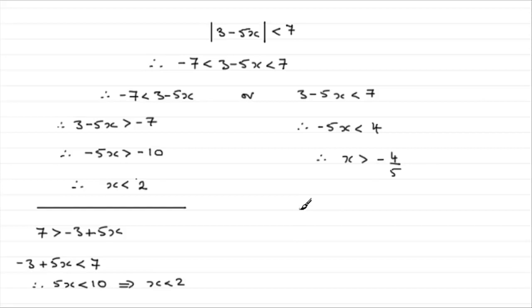So what we have, if we were looking at a number line, we've got the value minus 4/5. Let's just put it down here. We've got the value 2, which is up here. We've got to be greater than minus 4/5, but at the same time less than 2. So we would want all the values in between minus 4/5 and 2. So this can be written down then that x lies between minus 4/5 and 2.